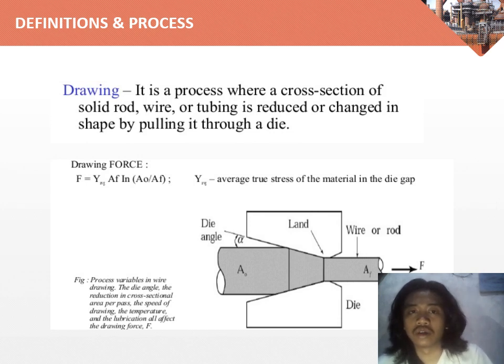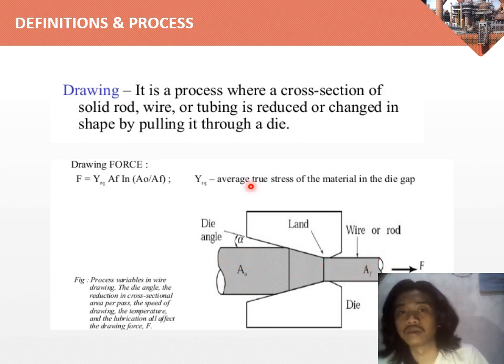In this process, the rod or tube is pulled through a tapered hole, here as you can see, a die, which results in a reduction in cross-sectional area. You can see here the initial area of the product, and this is the final area of the product.